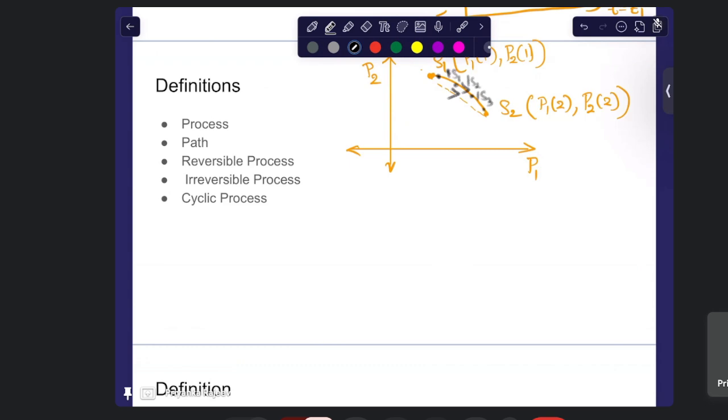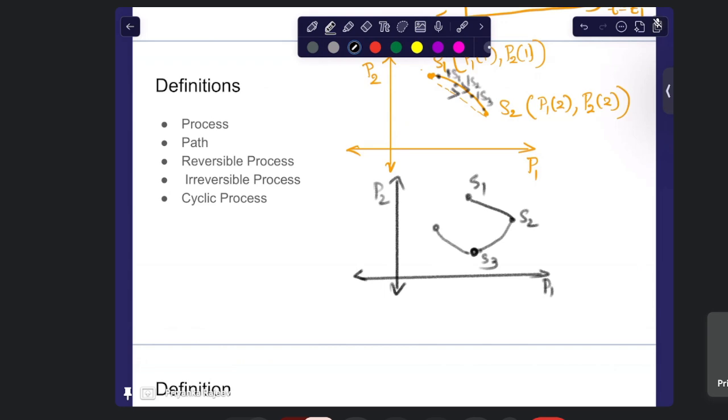Okay, then you have got a cyclic process. A cycle is where a system is undergoing a sequence of processes. So the system is in state 1, then it undergoes a process and reaches state 2, then it undergoes a process and goes to state 3, then another process to state 4, then one more process and it is coming back to state 1.